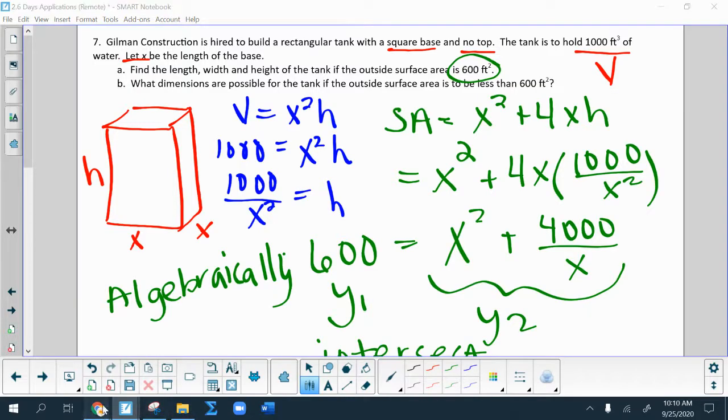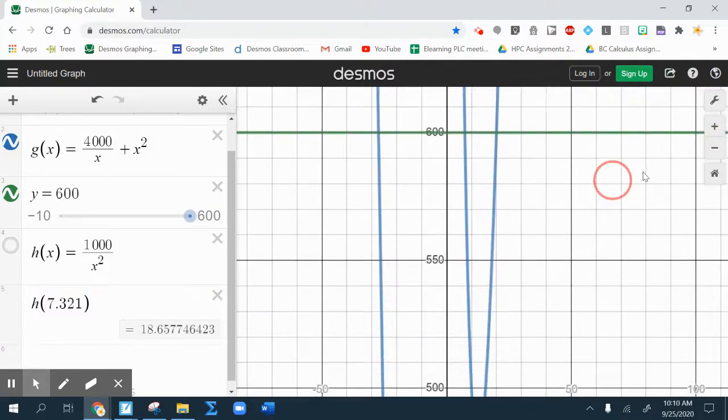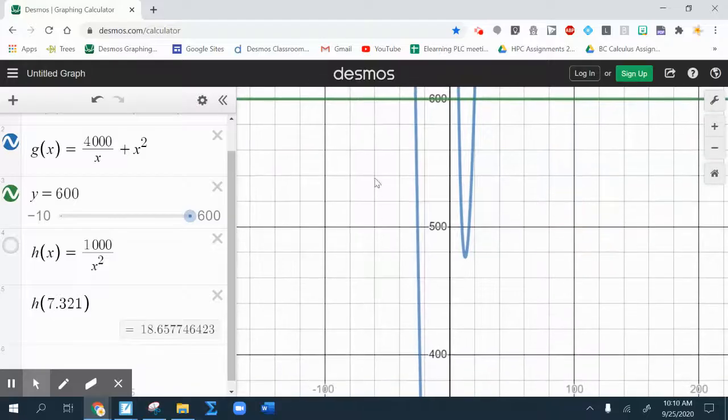So when I look back at the Desmos graph, zoom out just a little bit, this whole region of the graph is when the surface area is below 600. So we just want an interval from this x value to this x value, which we already found. So the surface area is less than 600 when the sides of the base are between 7.321 and 20.